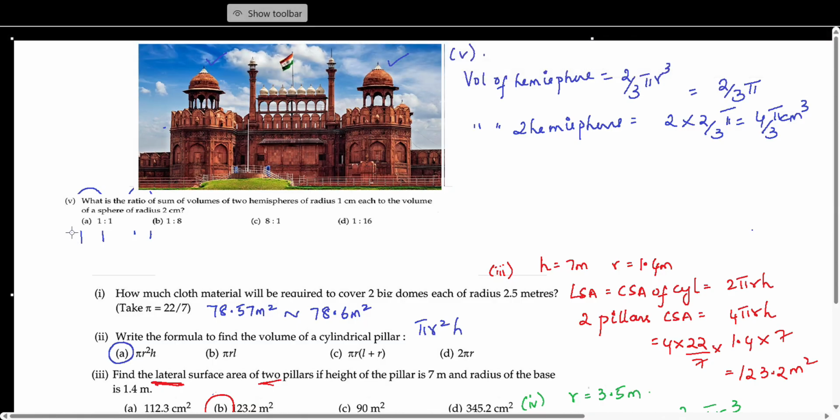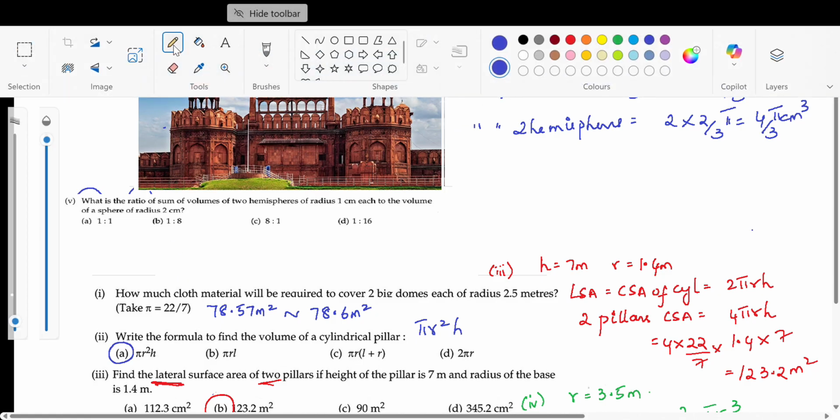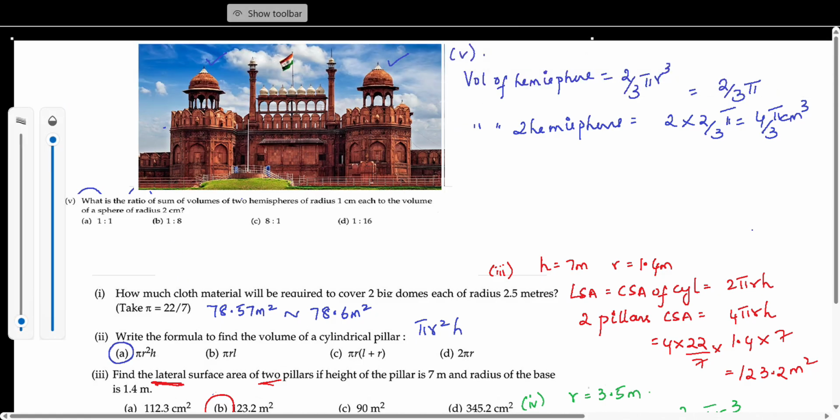Let me clear this. Now volume of sphere, formula we know is 4 by 3 pi r cube. So it says volume of a sphere of radius 2. So 4 by 3 pi into 2 cube, which is 2 cube is 8. 8 fours are 32 pi by 3 centimeter cube.